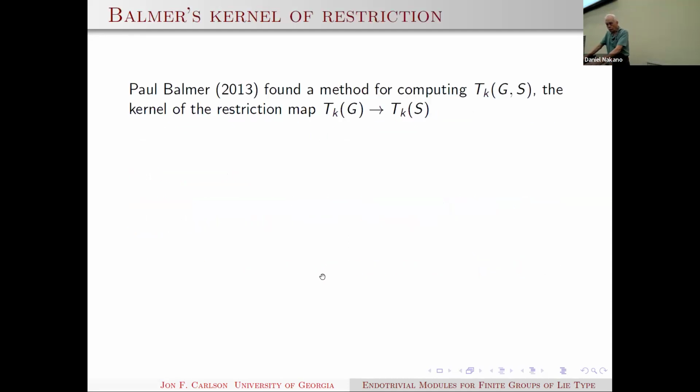Okay. Now, Paul Balmer actually figured out a way of doing this. That is, he translated this into a question about the structure of the group itself. And so what we're doing is computing these Sylow-trivial endotrivial modules, the kernel of this restriction map. Okay?